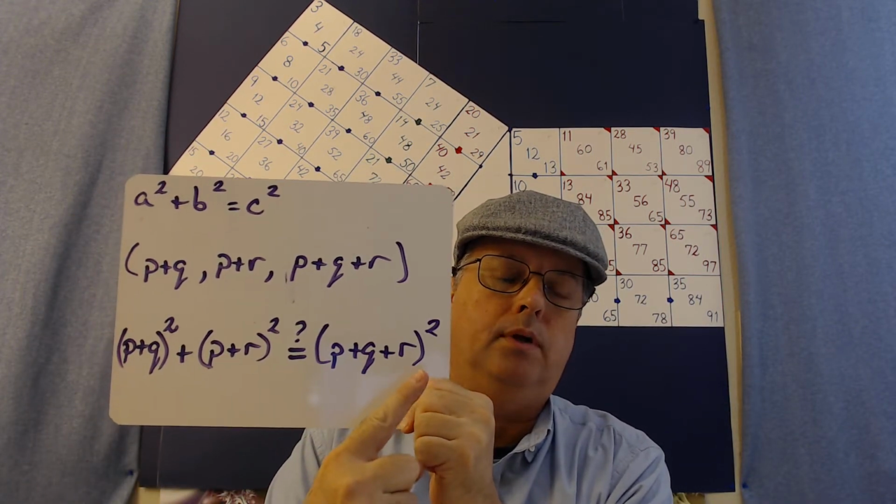Okay, so now let's do the next part of this. That's the p plus q plus r squared.